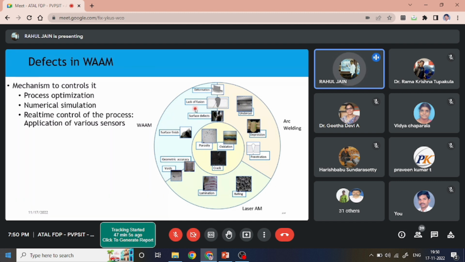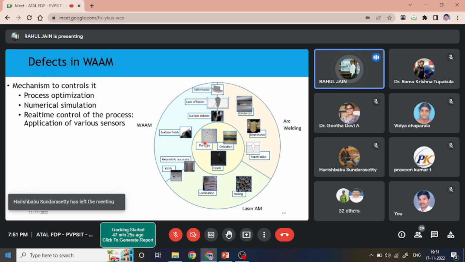One other problem is interlayer porosity. Though it comes under the category of porosity also, interlayer porosity is another big problem. When you're depositing multiple layers, we need to make sure the second layer which has been put onto the first layer is diffused properly with the first layer. If they are not mixing properly, then what would happen?